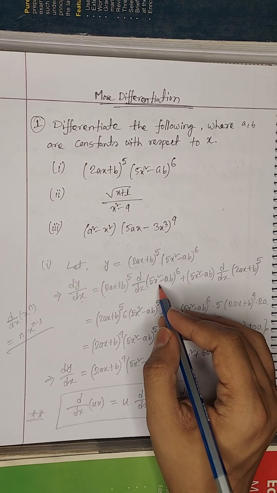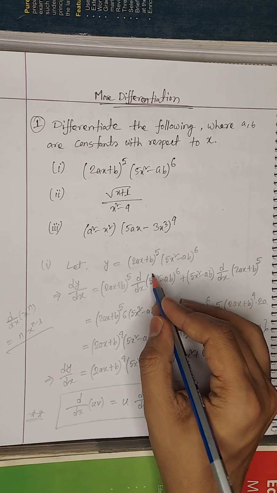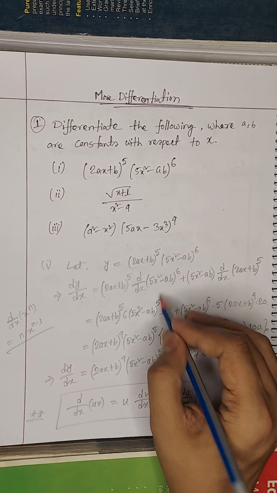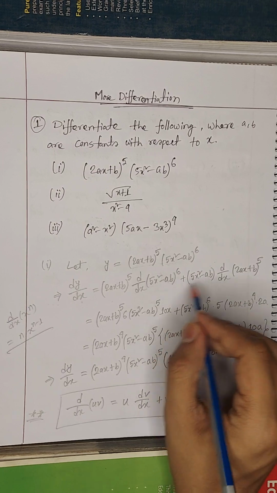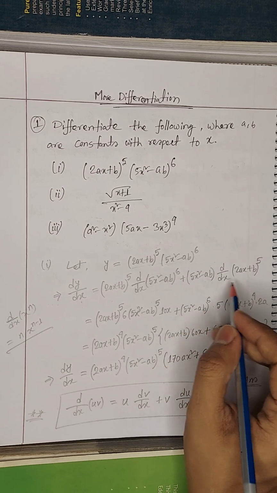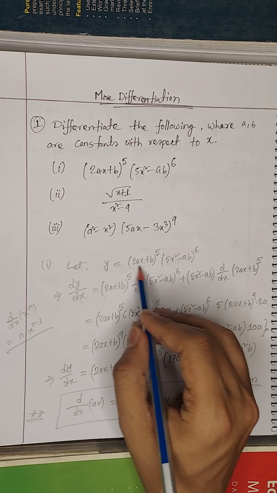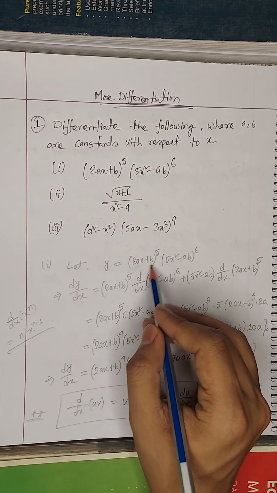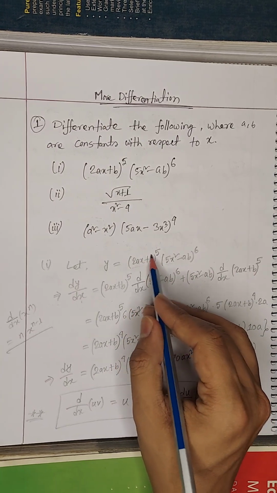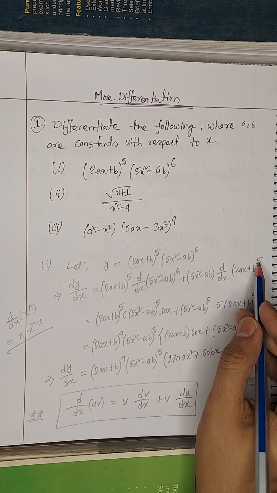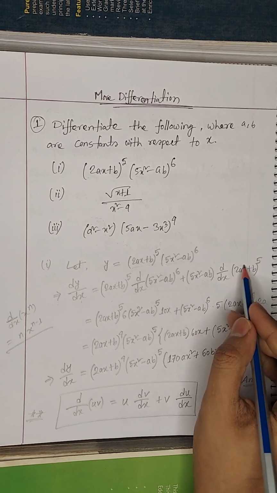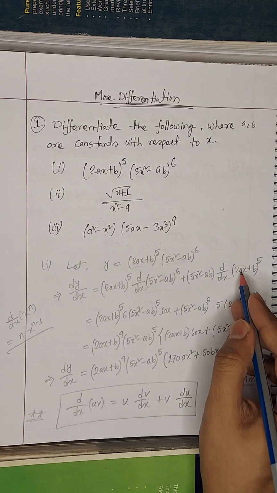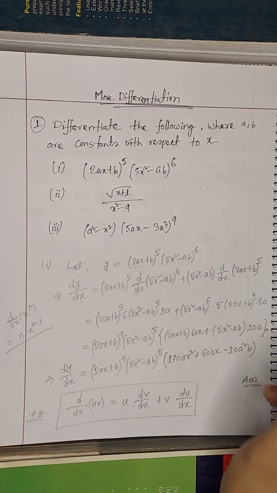And when we differentiate this, again we have to differentiate this x term, which is 10x. Okay. And the same thing we have to do for this term also. First we differentiate this term, considering this as x, then 5x to the power 5 minus 1, and again we differentiate this term 2ax, from which we get 2a only.